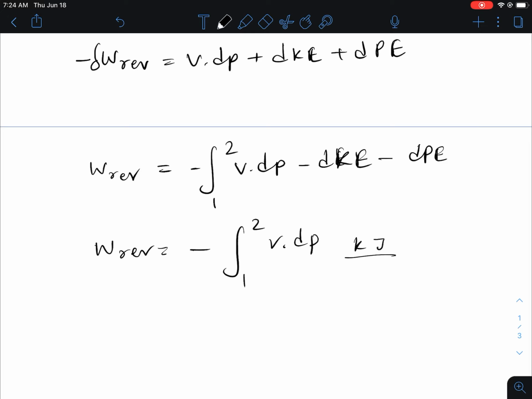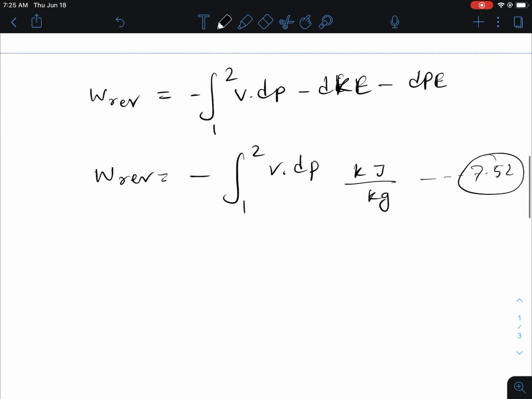The units are kilojoules per kg. This is equation 7.52. The negative sign represents work done on the system. In the sign convention, if a system consumes work it is negative, and if a system produces work it is positive.